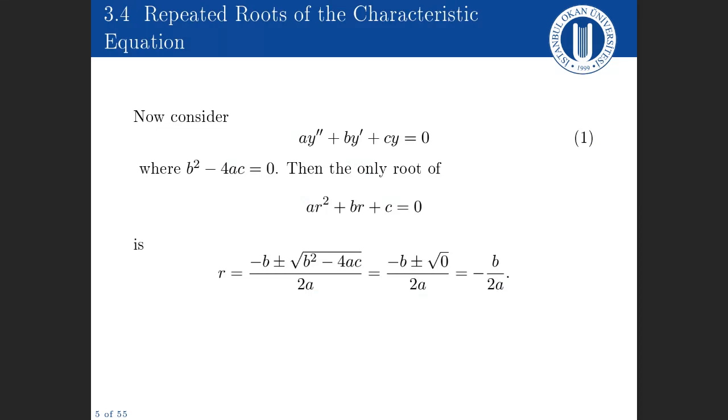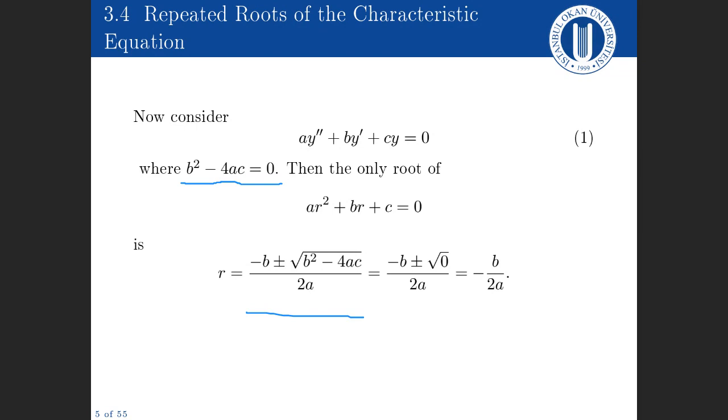So we're going to be considering the second order linear homogeneous differential equation, ay double prime plus by prime plus cy is equal to 0. But now, to get repeated roots, we're going to be assuming that b squared minus 4ac is 0. Then the characteristic equation has only one root. We use our usual formula, minus b plus or minus the square root of b squared minus 4ac over 2a.